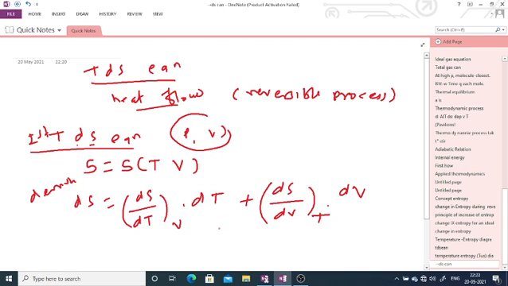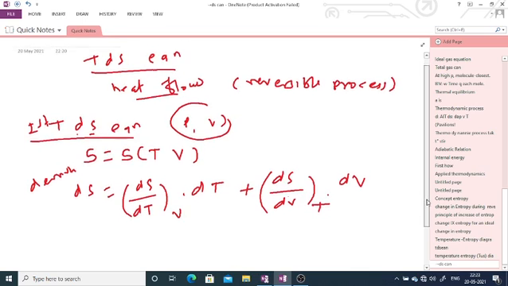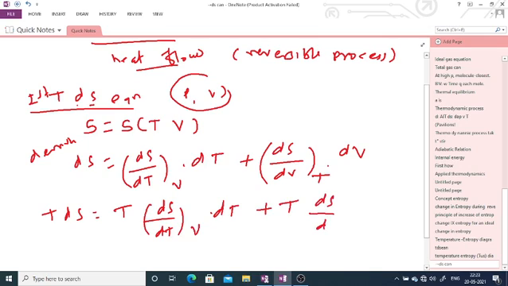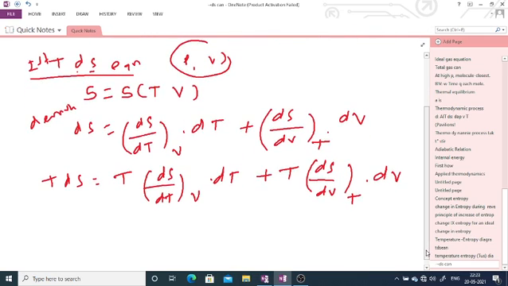Now if you multiply both sides by the temperature T, we get the equation TdS is equal to T into (dS upon dT at constant V) into dT plus T into (dS upon dV at constant T) into dV. Now we should remember this: the first term and the second term are to be handled separately.